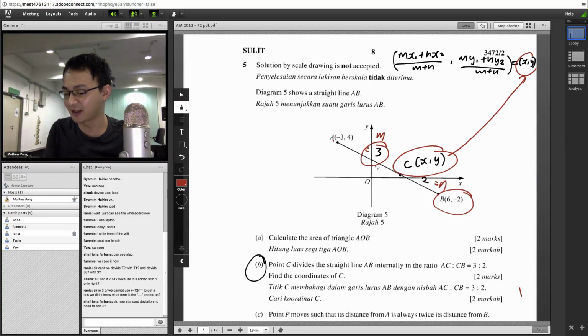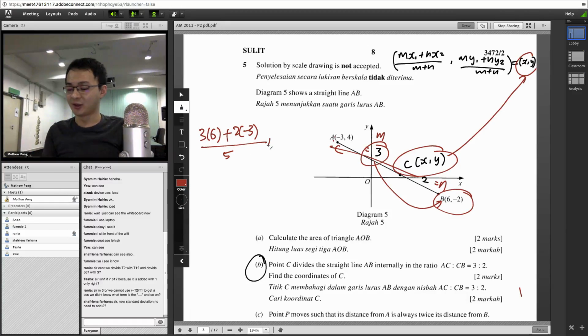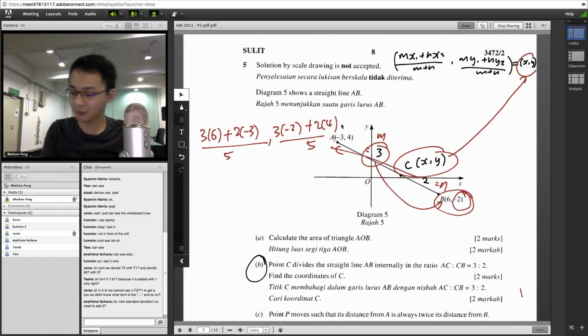I will multiply 3 with 6, plus 2 multiplied by -3, over m plus n, which is 3 plus 2, which is 5. Then we do the same thing for y. 3 multiply the further y, which is -2, so 3 multiply -2, plus 2 multiply 4, over 5. You just do the correct substitution, and then you should be done.